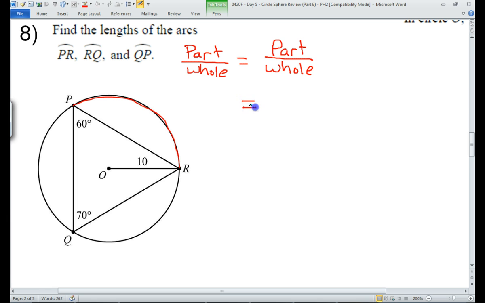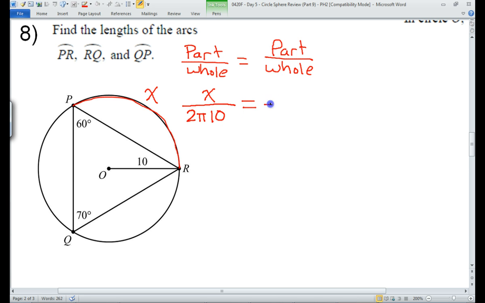Okay, but on the left side, we're going to do part over whole length. Now, the partial length is what we're looking for in this case. So we're just going to call that x. The whole length is the circumference. And remember, the formula for circumference is 2 pi times the radius, which in this case is 10.